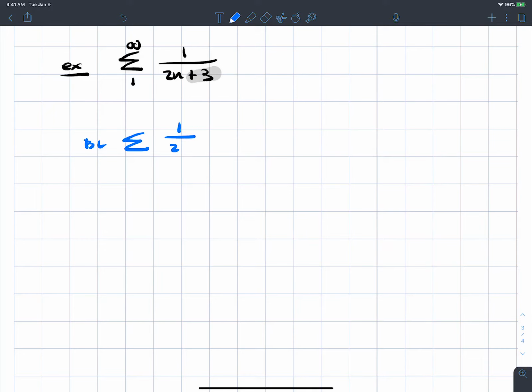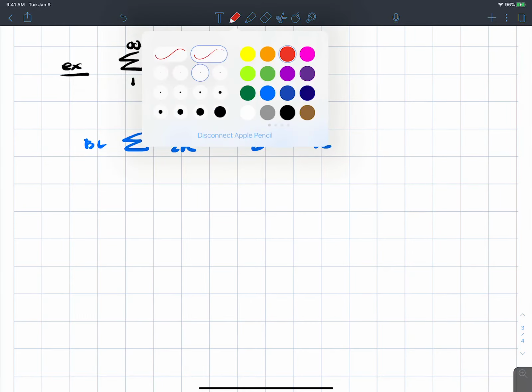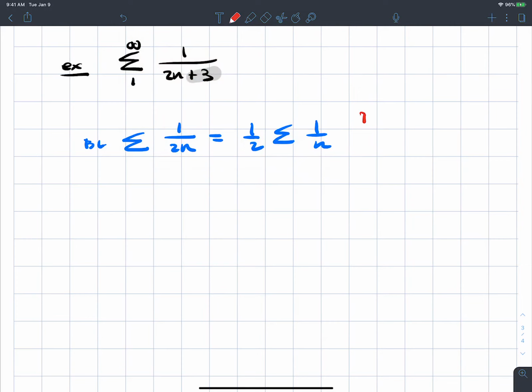And now you get 1 over 2n. And I can factor out the 1/2 and then get 1 over n. And then this is a divergent series. And you say, how do we know it's divergent? Well, it's the famous harmonic series. The harmonic series diverges. We proved that earlier. So, okay. This is going to be our a_n, and this is our b_n.